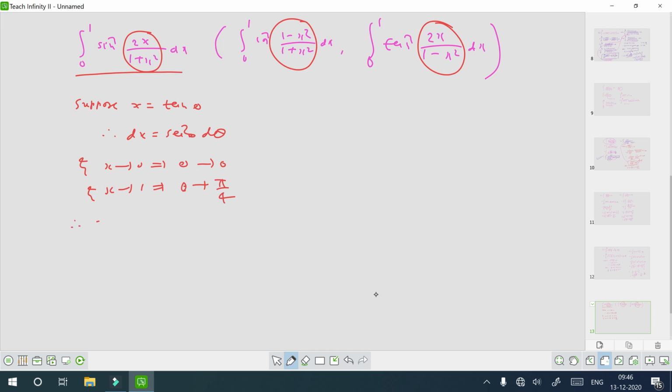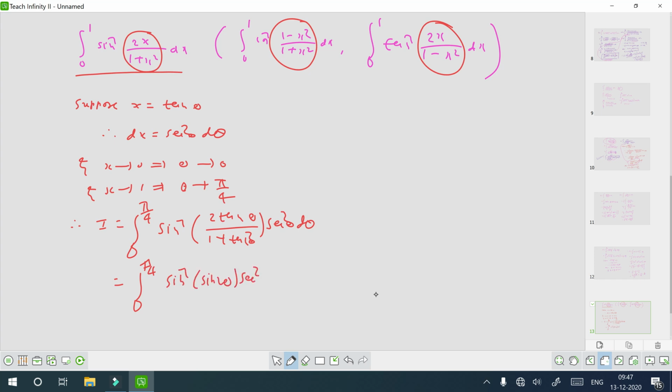And therefore, I is equal to integral 0 to pi by 4 of sin inverse of 2 tan theta upon 1 plus tan square theta into sec square theta d theta, which is integral 0 to pi by 4 of sin inverse sin 2 theta into sec square theta d theta.